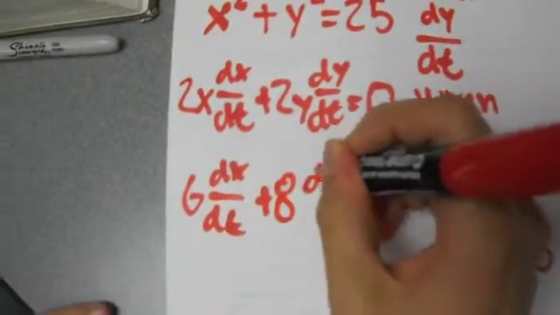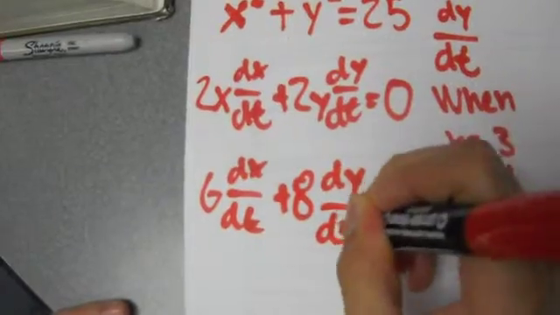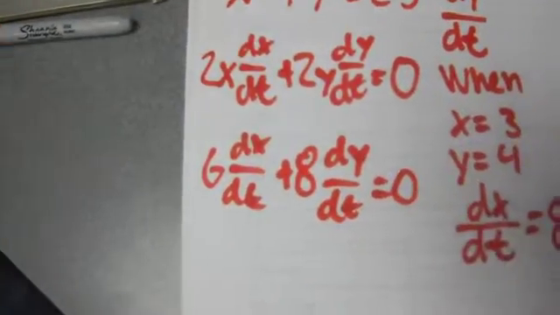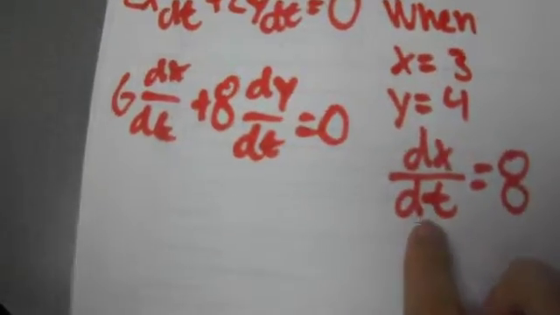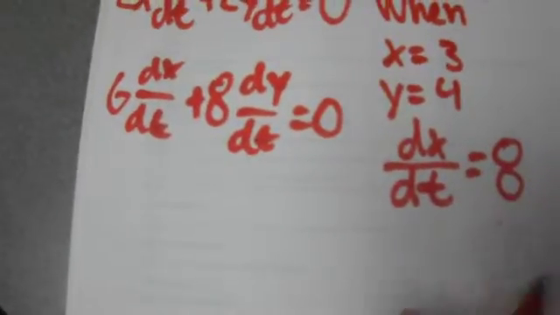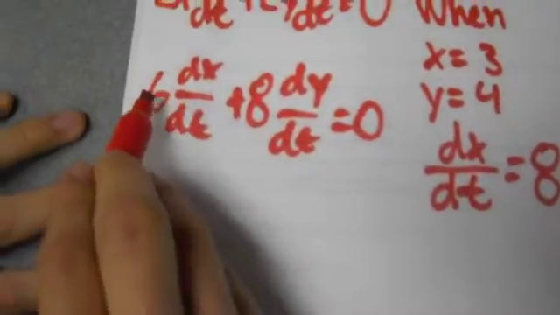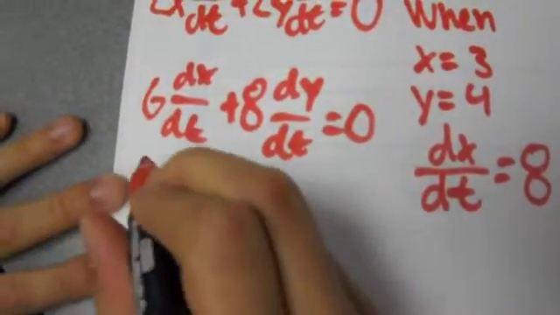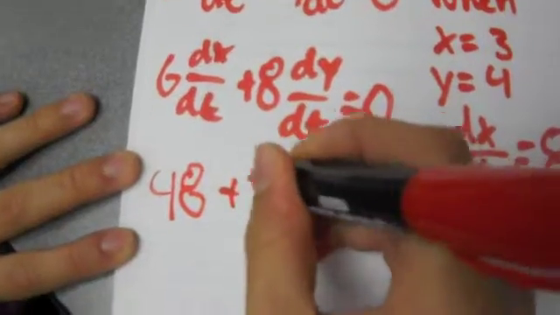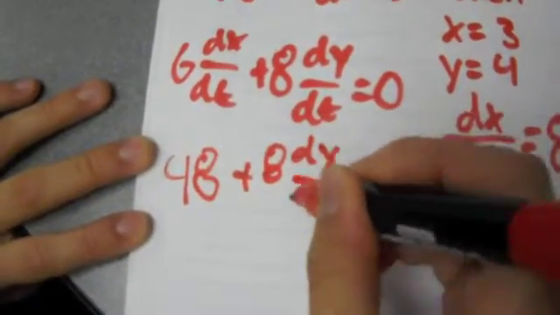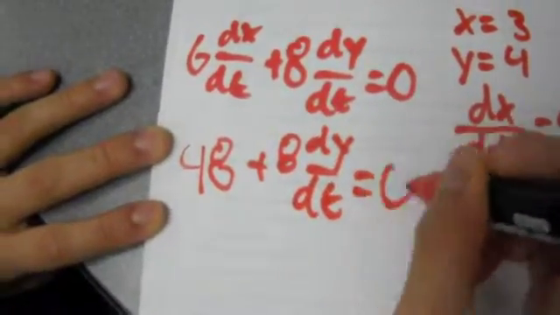So it's going to be 8 dy over dt equals 0. As you can see, they tell you that dx over dt equals 8. So 6 times 8 equals 48. So it's 48 plus 8 dy over dt equals 0.